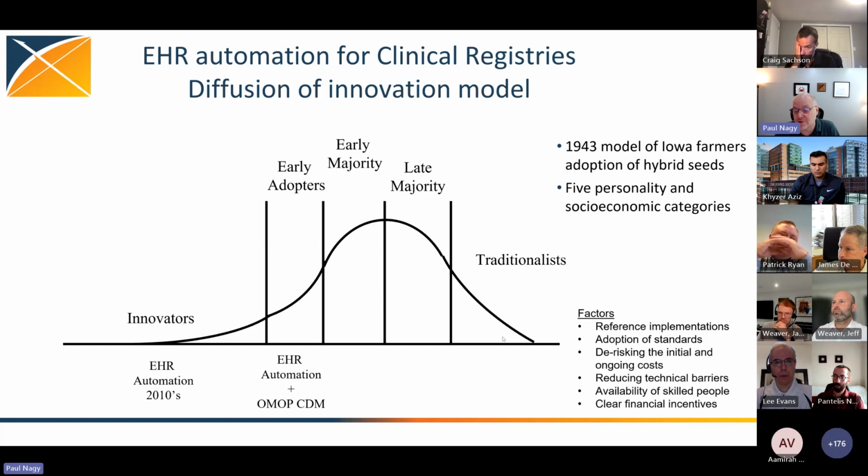That's the last one usually is really what the traditionalists will need. So these are the things that I'm looking for as we start watching the clinical registry revolution as they start adopting the OMOP data model.